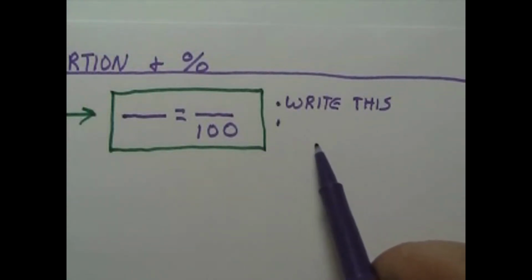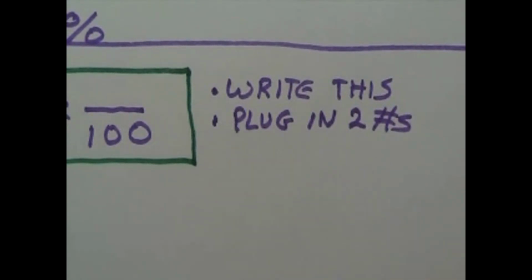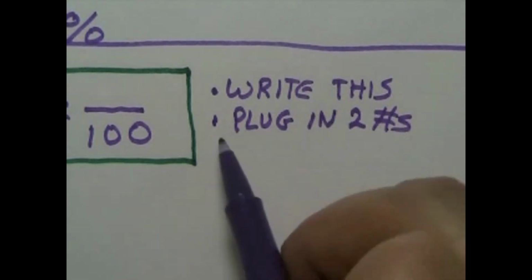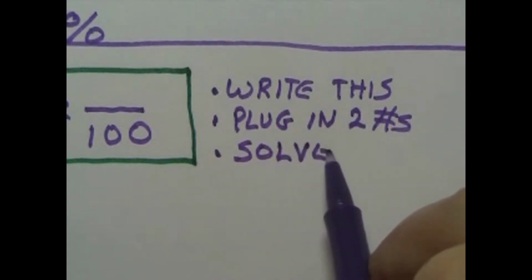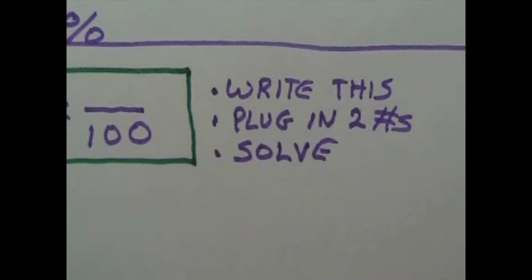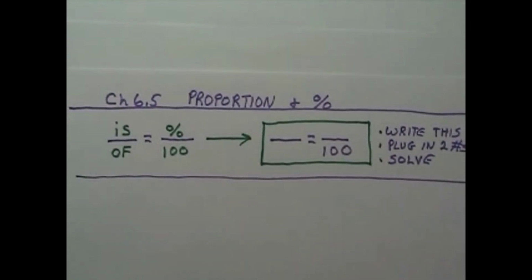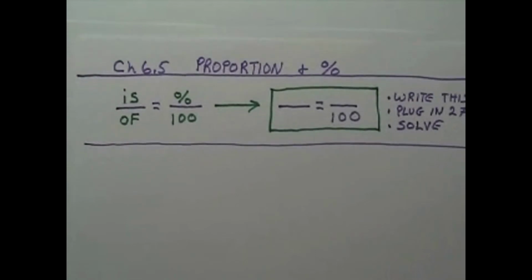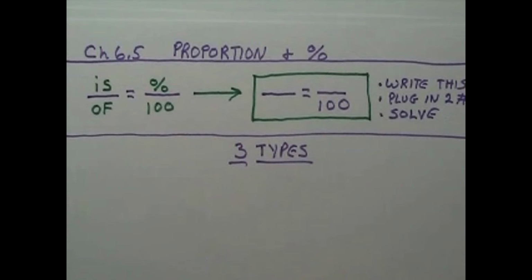The next step would be to plug in two numbers. And the last step is just to solve. So we need to write this proportion, plug in two numbers, and then solve. I'm going to separate this because these are my directions. And now we'll show three different types of problems that you'll see. So three types, and we'll do three examples.